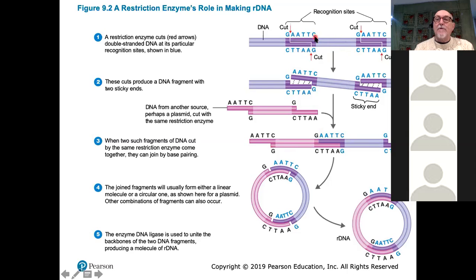This we call a palindrome, a palindromic sequence. And because it's a palindrome, the enzyme cuts like this. It cuts as a step in the DNA, and it leaves these ends here, which we call sticky ends.